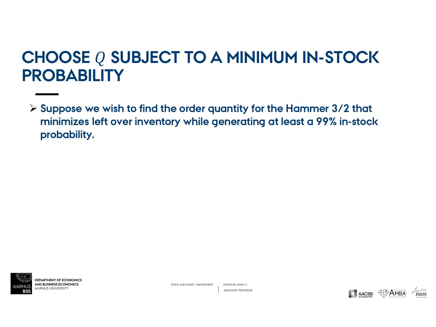So we introduce this in-stock probability because in reality, you may need to make a decision about the order quantity based on a targeted in-stock probability. Suppose we wish to find the order quantity for the Hammer 3/2 that minimizes leftover inventory while generating at least 99% in-stock probability.